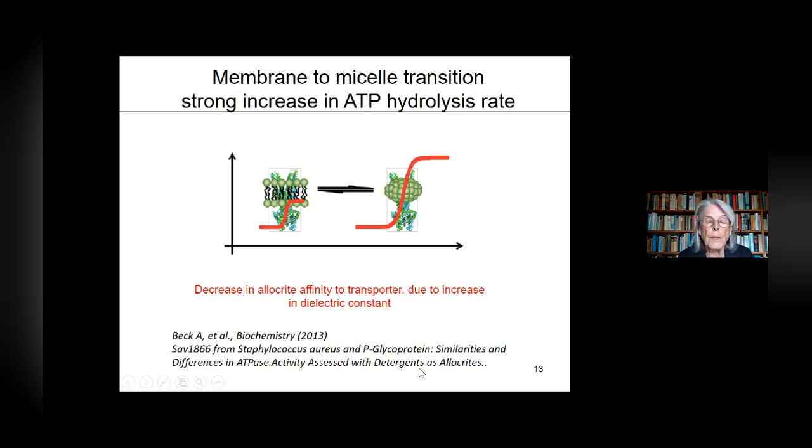So on the left side, we have a membrane. We have the transporter in the membrane, and we have a relatively low rate. Then we put the transporter in a micelle, and we get a very strong increase, almost threefold increase in rate.